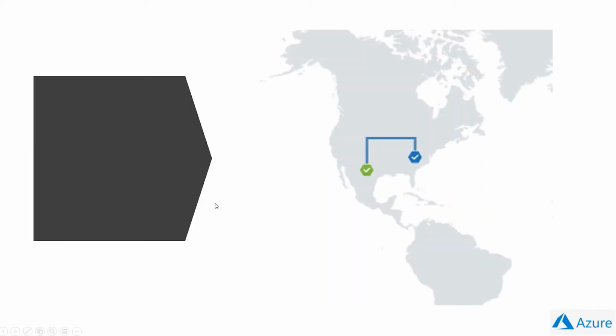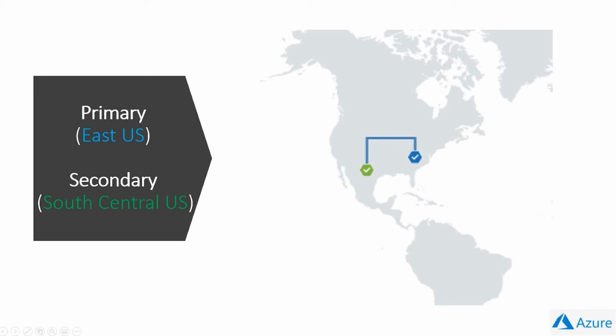And I'm gonna show also examples how we can use this. So in the case of the primary, let's say you have a primary in East US, that is Virginia, the Washington, D.C. area, and then you have your secondary in South Central Texas in this case. So as we mentioned, in the case of a disaster in Virginia, you can fail over to Texas. Now, there are also other use cases.